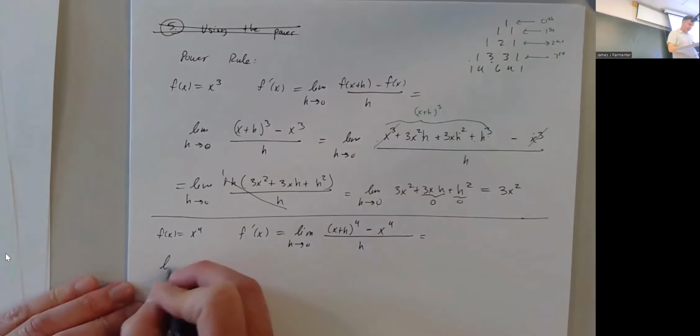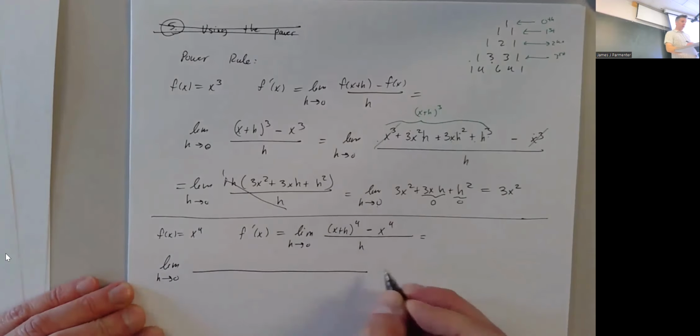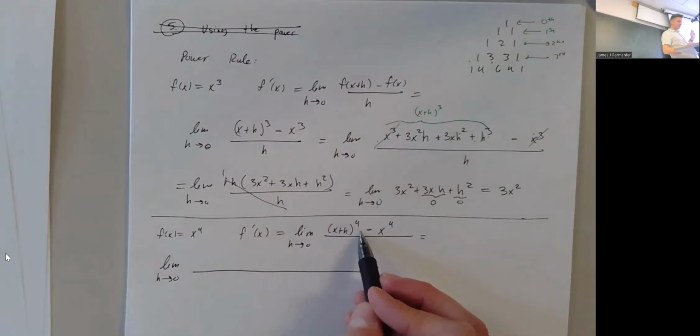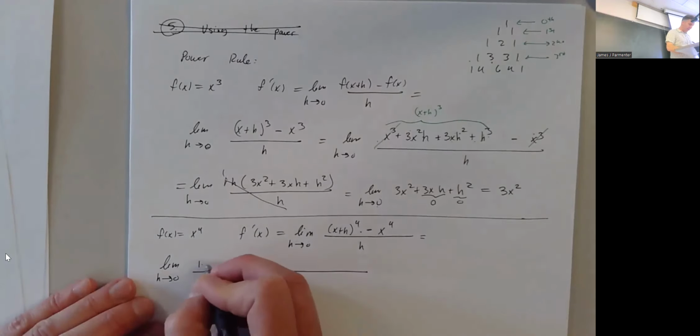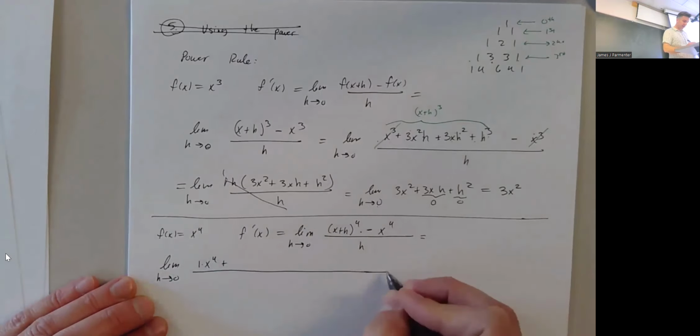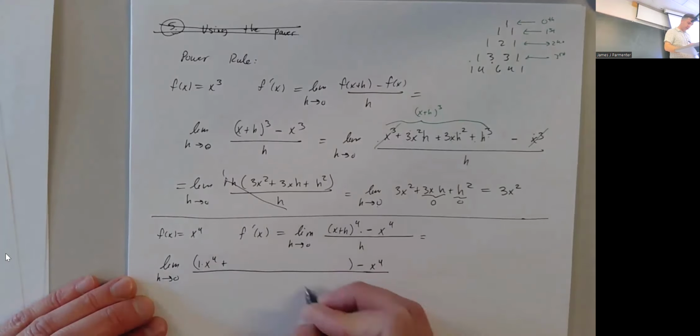And I would like all of you to try on your own right now to write out the 5 terms of x plus h to the 4th. It's going to be 1 times x to the 4th plus a few more things, and then you'll have a minus x to the 4th at the very end, all over h.